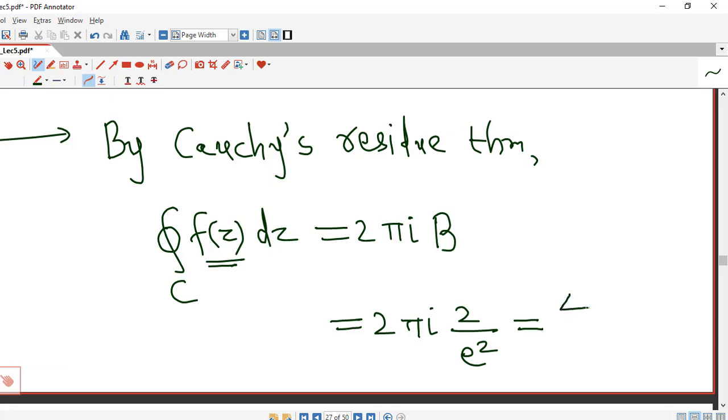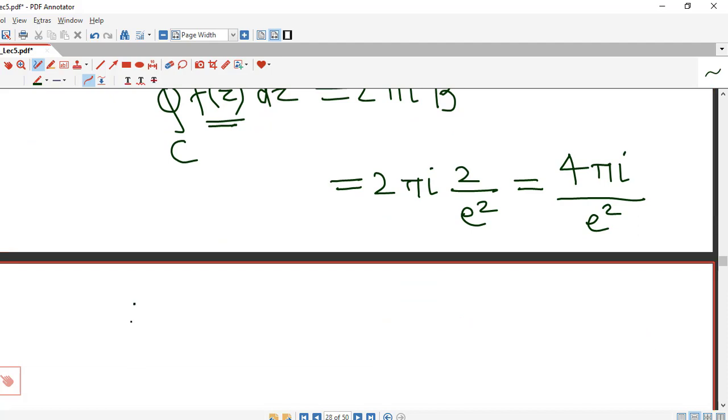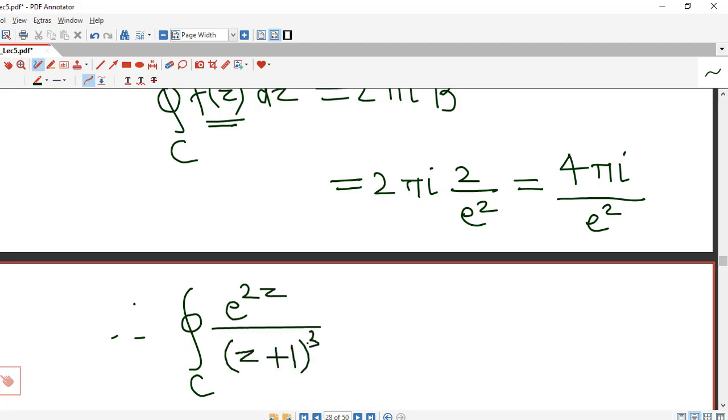So this is going to be 4 pi i divided by e squared. So therefore we have obtained the integral of the function e^(2z) over (z+1)^3 along the given ellipse, which is 4 pi i divided by e squared.